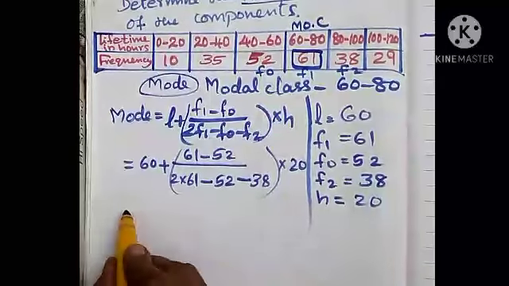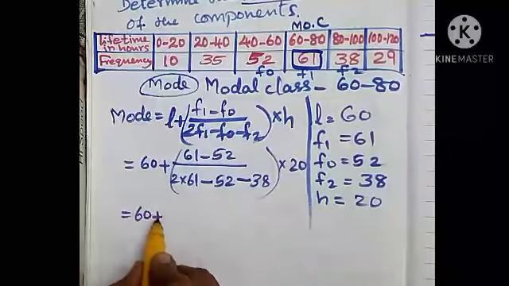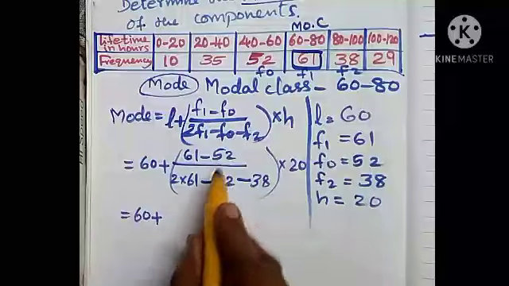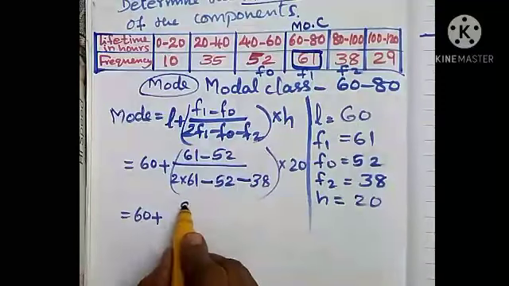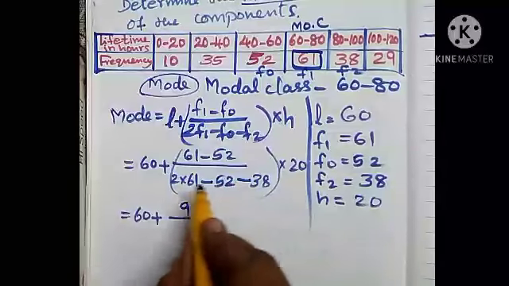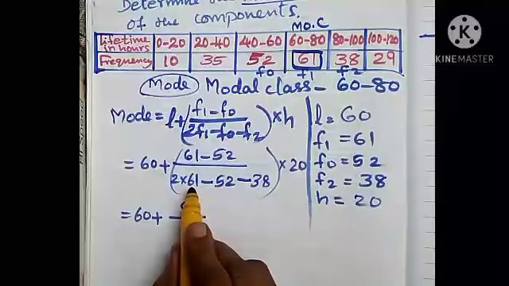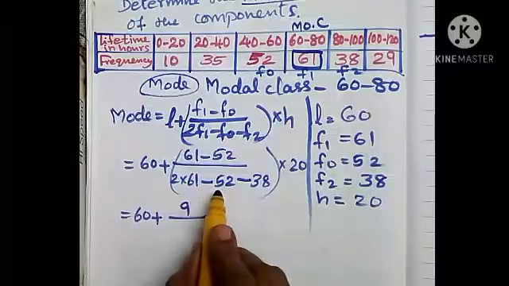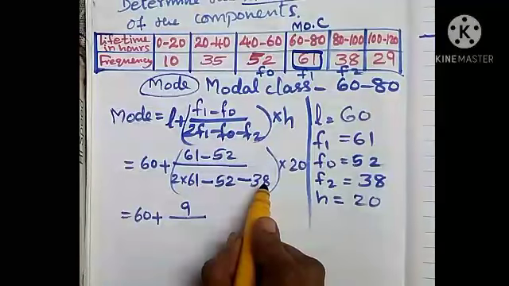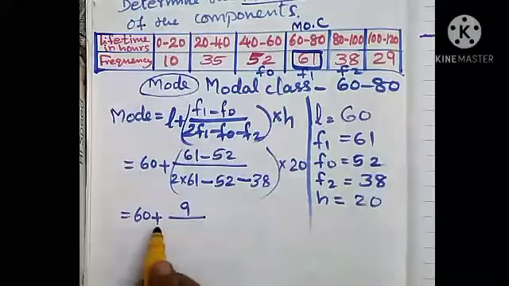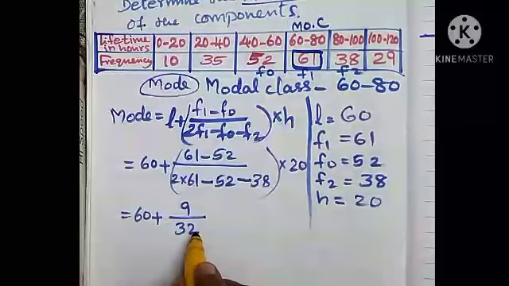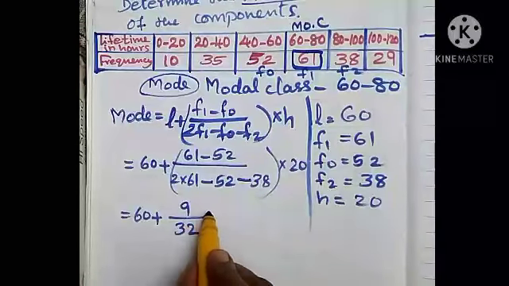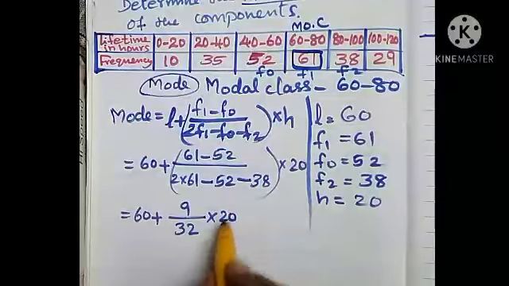The next is 60 plus, what is 61 minus 52? It is 9. 9 by, then 2 into 61, what is that? 122 minus 52 means it is 70. 70 minus 38, that is 32. So 9 by 32 into 20.